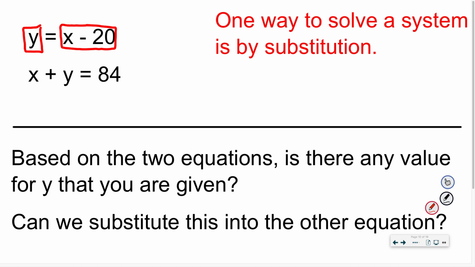So could I replace a y, if I already know that it has the same value as x minus 20? Where could I substitute? Take a look and see if you could substitute something so that either equation ends up having only one variable.